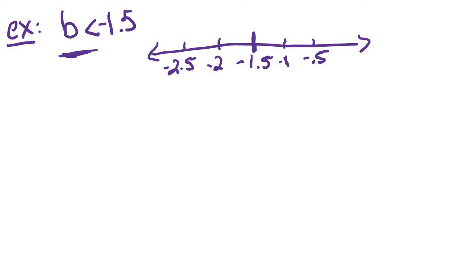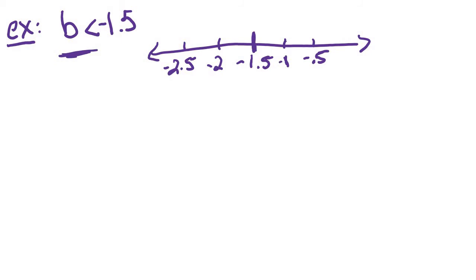All right, so we want all b's that are less than negative 1.5. So does that include the negative 1.5 or not? It does not. So we have all numbers less than, and it does not include the negative 1.5. So is that an open circle or a full circle?